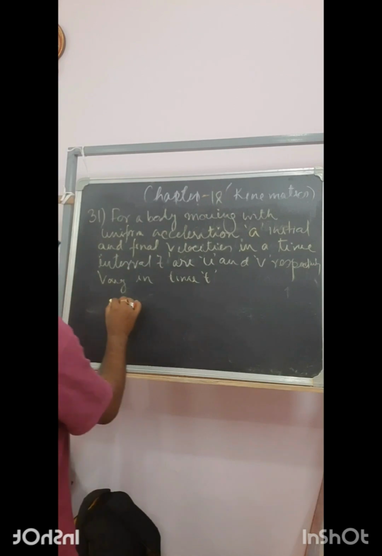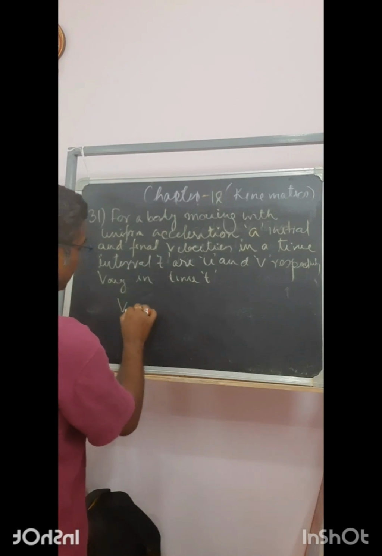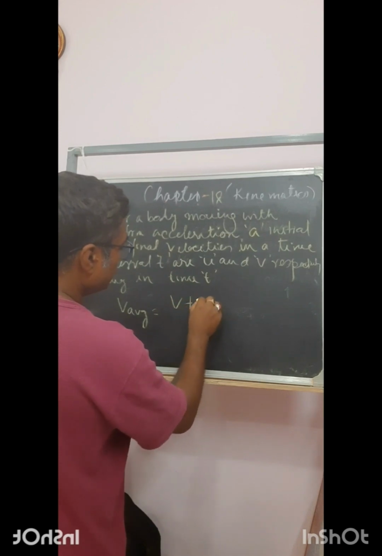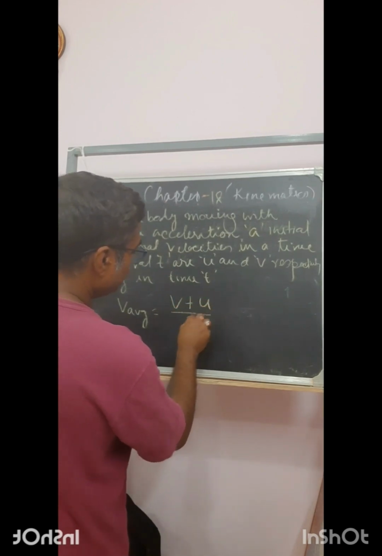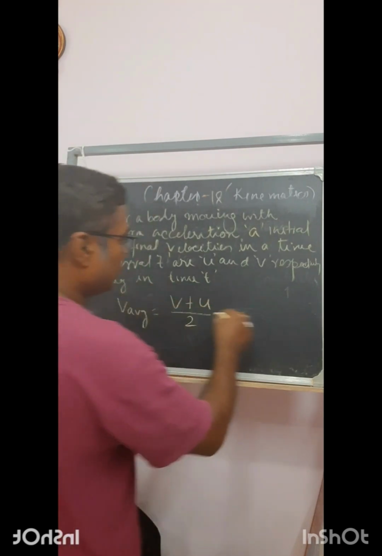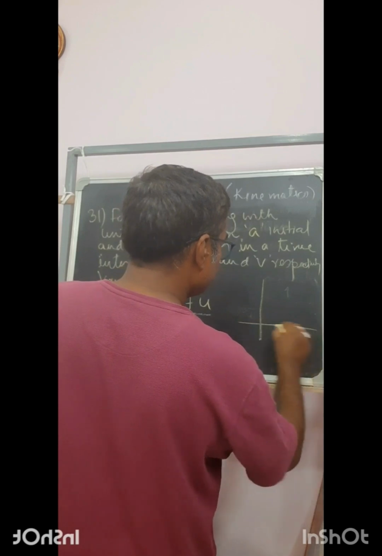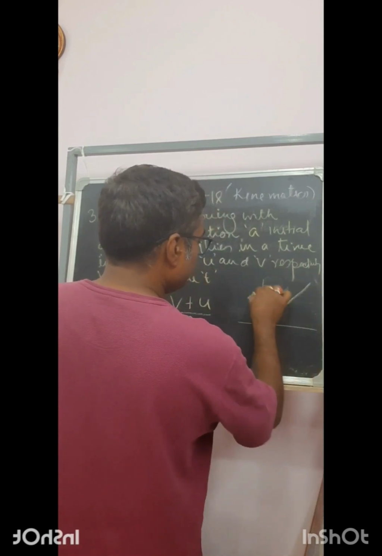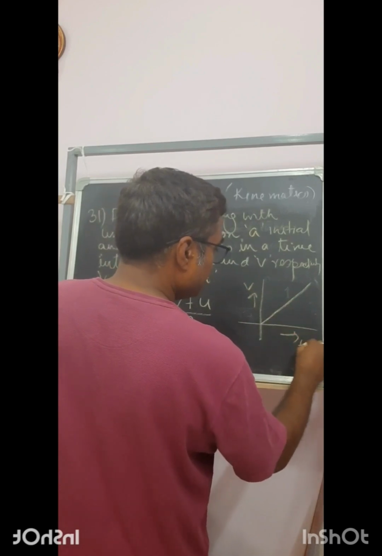So what is the v average? We know v average is v plus u by 2, the sum of the initial and final velocity by 2. How can you say that? Because we have seen the constant acceleration line of v against t is this one.